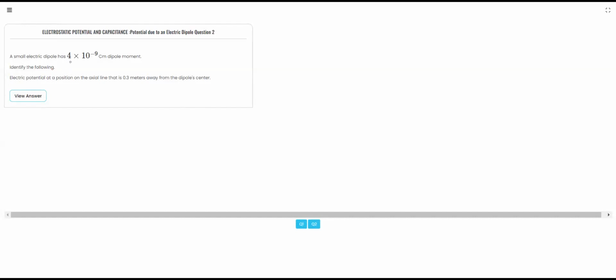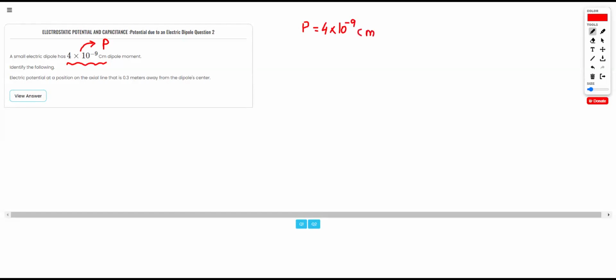This 4 into 10 raised to minus 9 is your dipole moment, and it is represented by P. So I'm writing P is 4 into 10 raised to minus 9, in terms of centimeter.